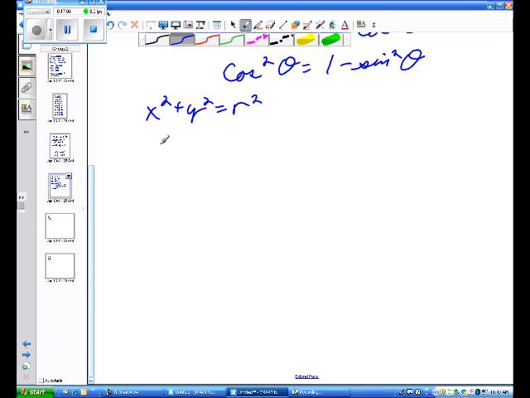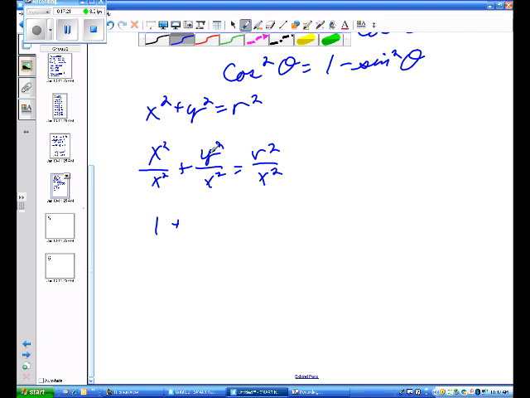And this time, let's divide everything by x squared. So x squared divided by x squared, we're going to distribute it, plus y squared over x squared equals r squared divided by x squared. Now, again, x squared divided by x squared is 1.